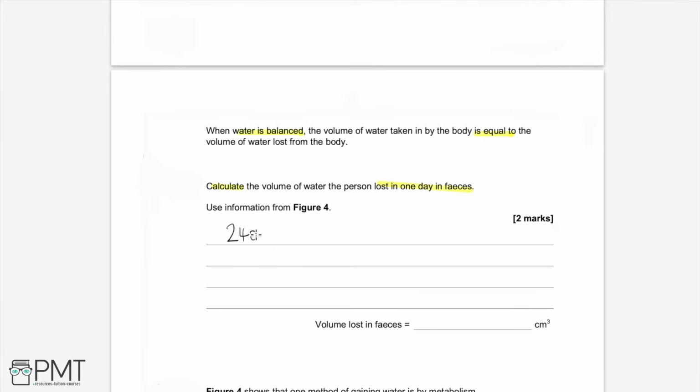And to find feces, we find the difference between these two values. 2,400 minus 2,280 is 120. This is the volume of water lost in feces. Here, one mark comes from the working, and the second comes from the correct answer.